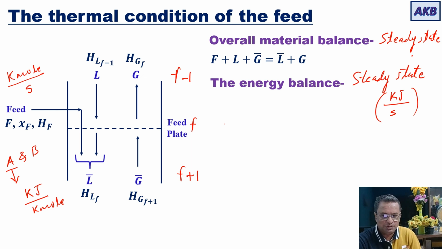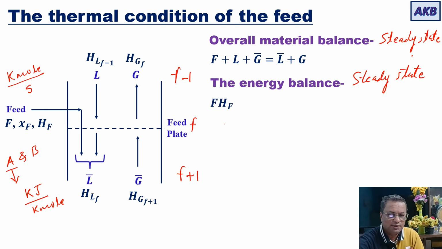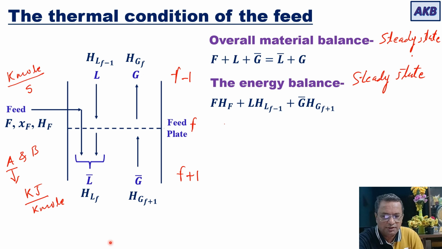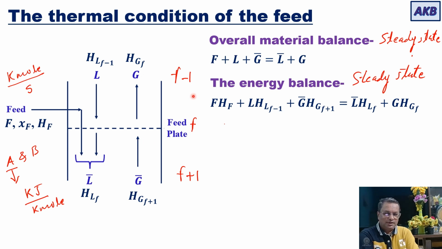So how are we going to write the energy balance at the steady state? Input energy comes on the tray along with the streams: the feed stream, the liquid stream coming from the rectifying section, and the vapor stream coming from the stripping section. Accordingly, you will have F into HF.